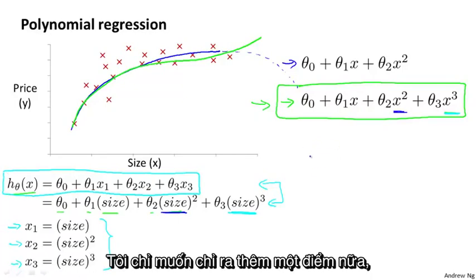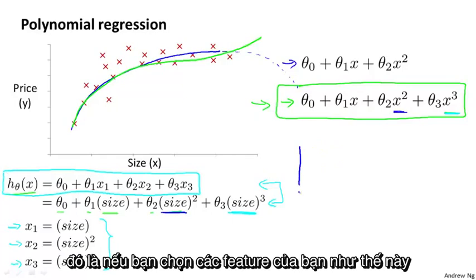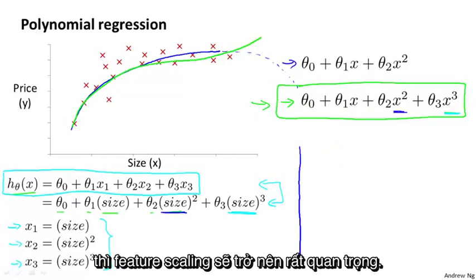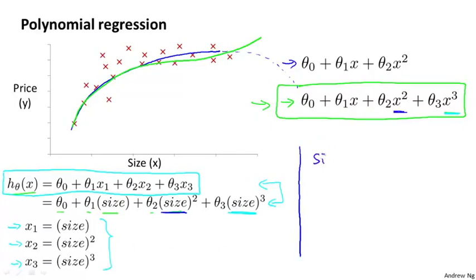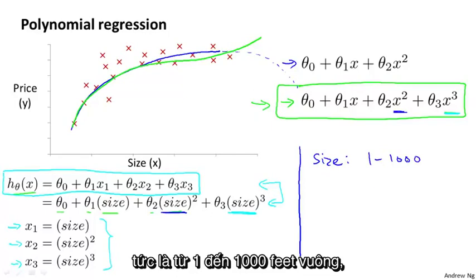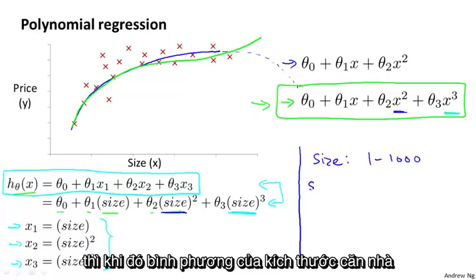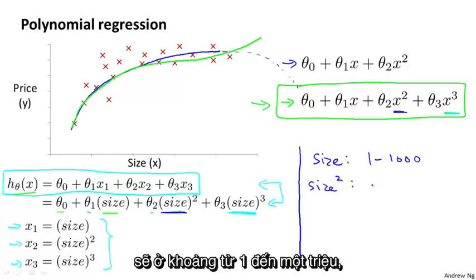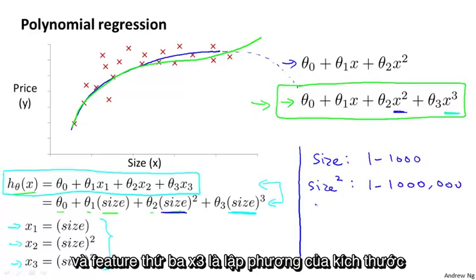I just want to point out one more thing, which is that if you choose your features like this, then feature scaling becomes increasingly important. So if the size of a house ranges from 1 to 1,000 square feet, say, then the size squared of the house will range from 1 to 1 million, that's the square of 1,000.